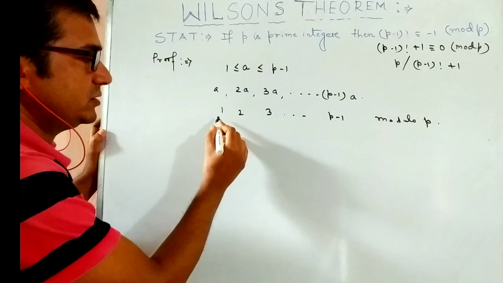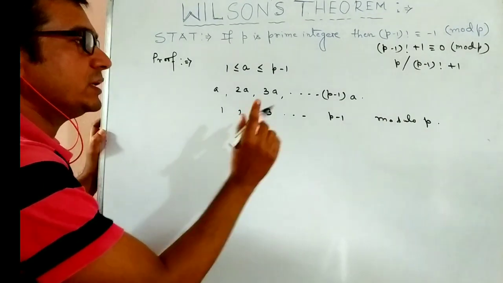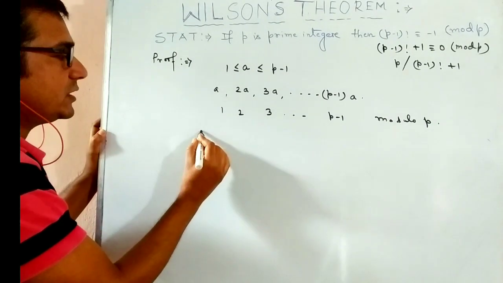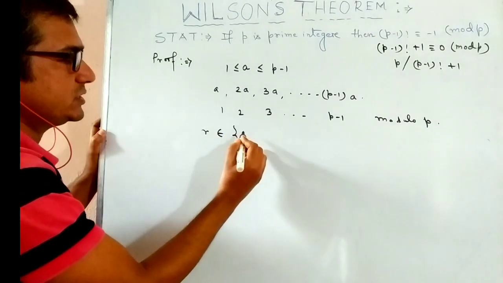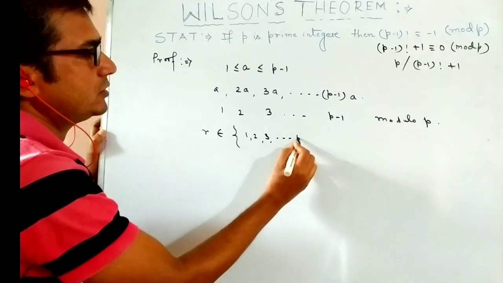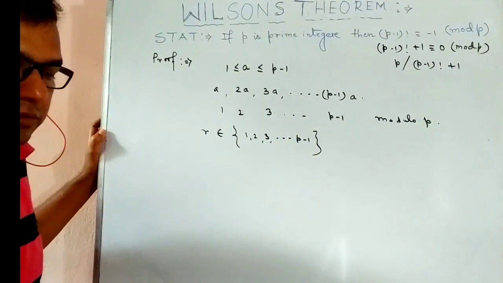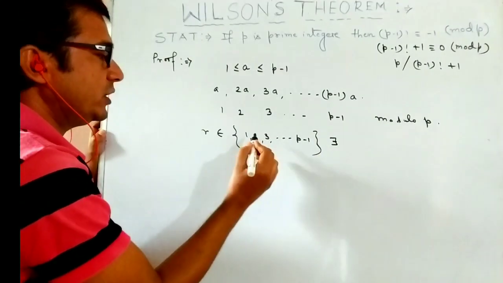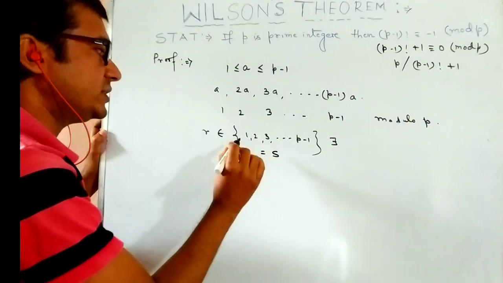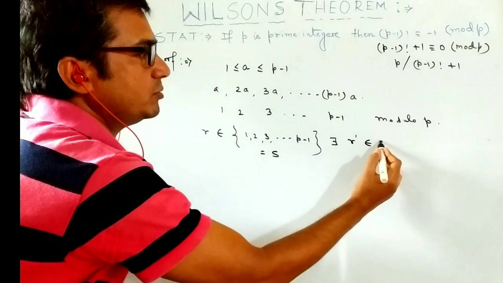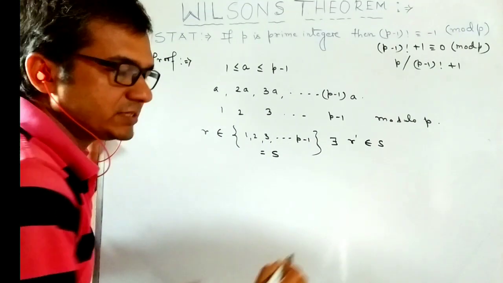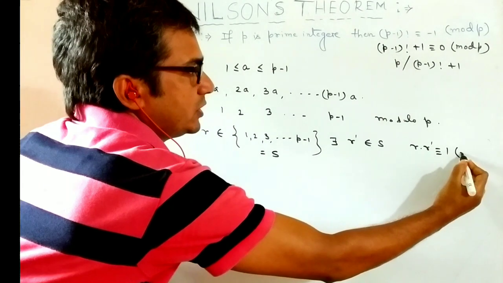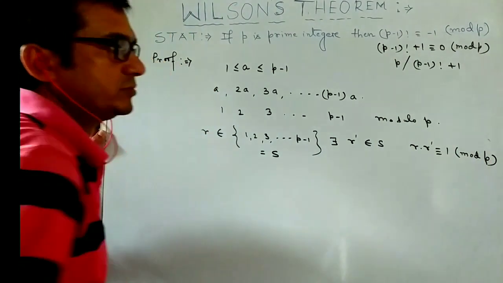Now since p is prime, if we take any r belonging to this set, and we name this set S, there must exist r dash belonging to S such that r times r dash is congruent to 1 mod p.